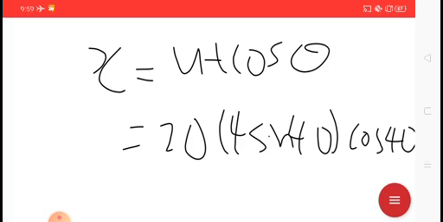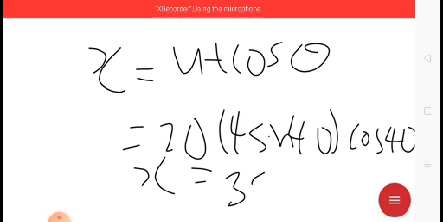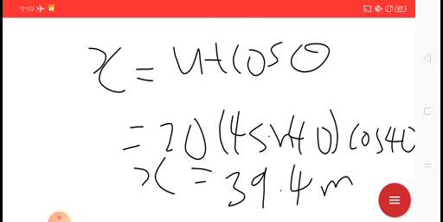Once you put this in, you should be able to find x equal to 39.4 meter. So this is the range.